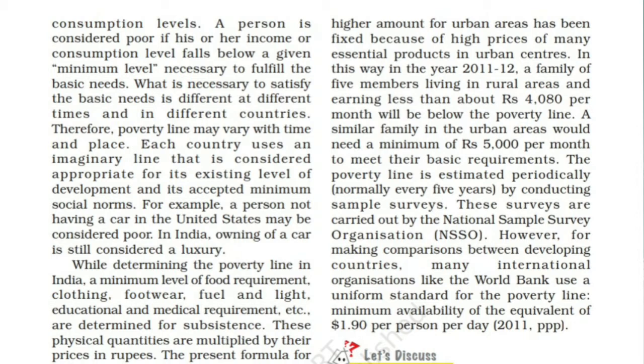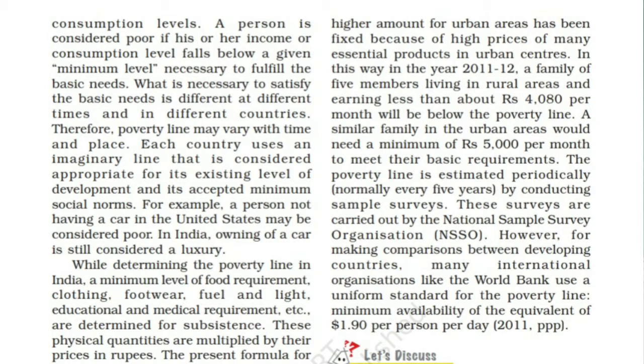And per person needed in a month 816 into 5. You will get 4,080 per month. So if a family earns less than about this 4,080 per month, it will be below the poverty line.